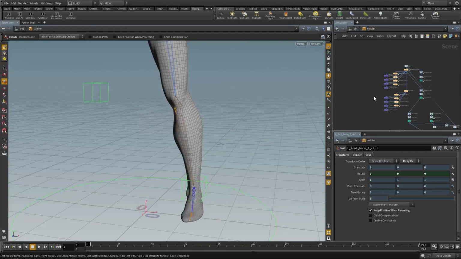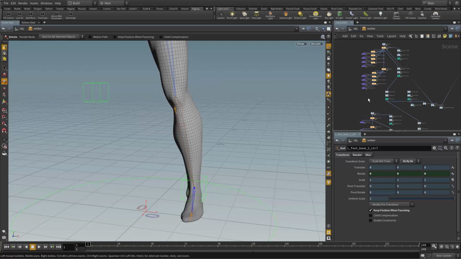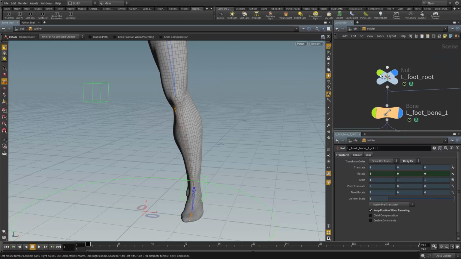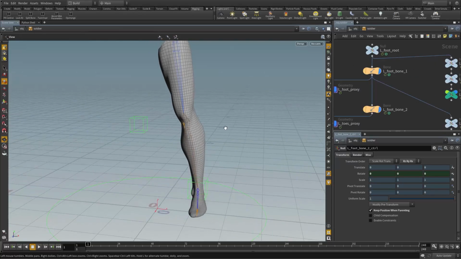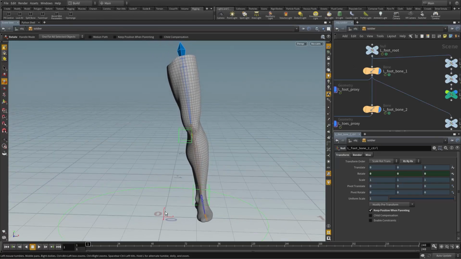All right, I'll pause the video and I'm going to go through and just clean this up a little bit, organize the network, place it into a net box, make sure that any nulls, like for instance this left foot root, should have its selectability turned off and its visibility turned off. Bone selectability should be turned off, things like that. And then I'll come back and we'll mirror the leg.